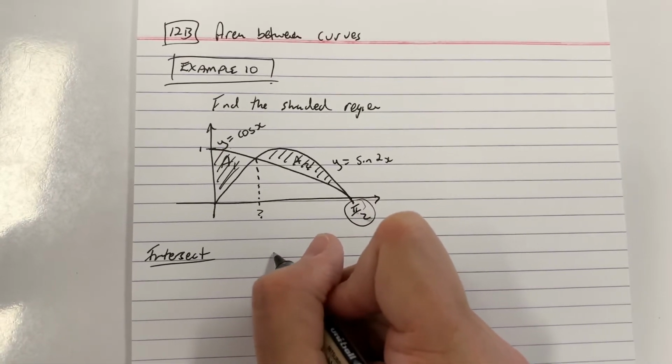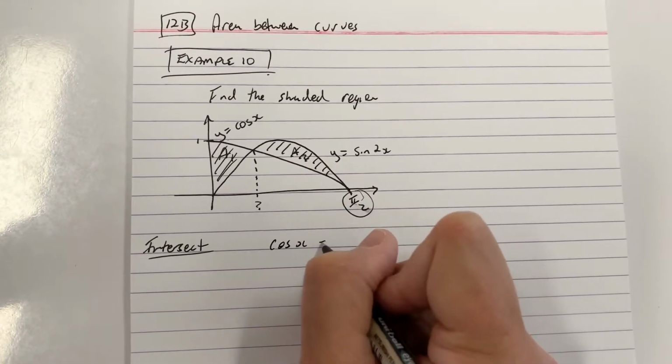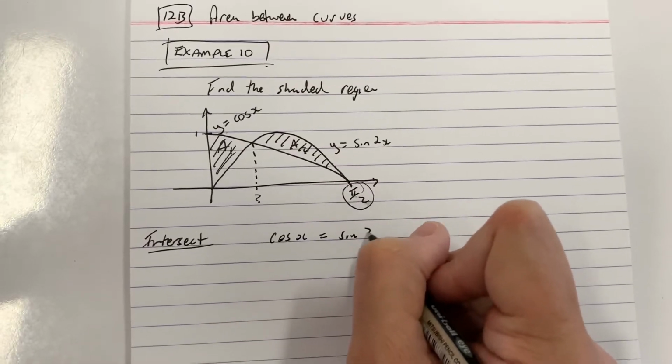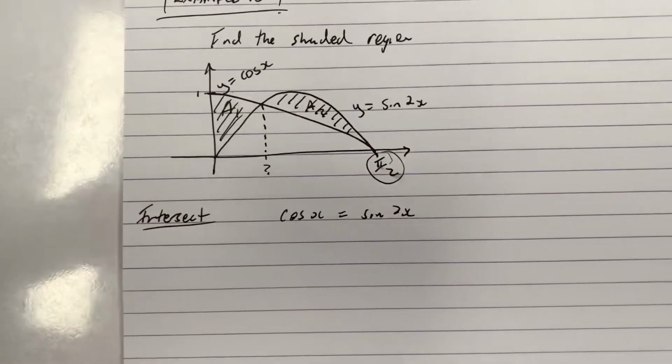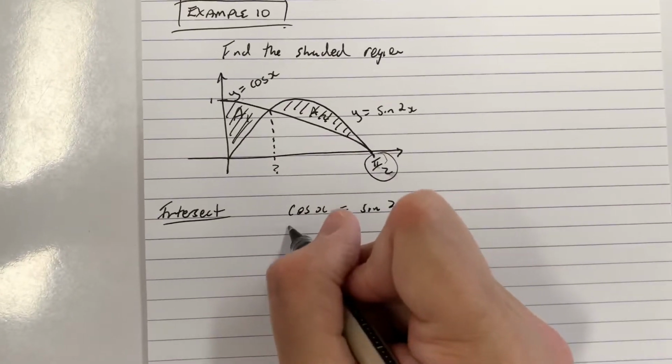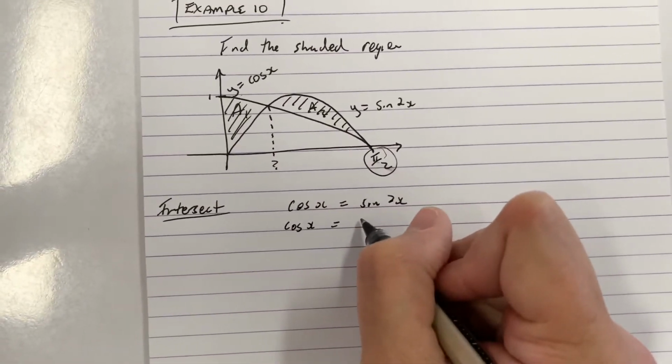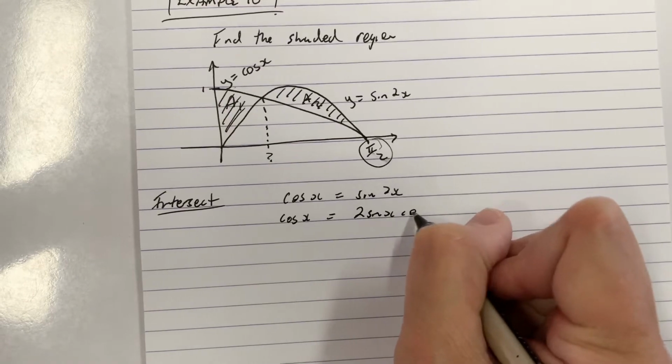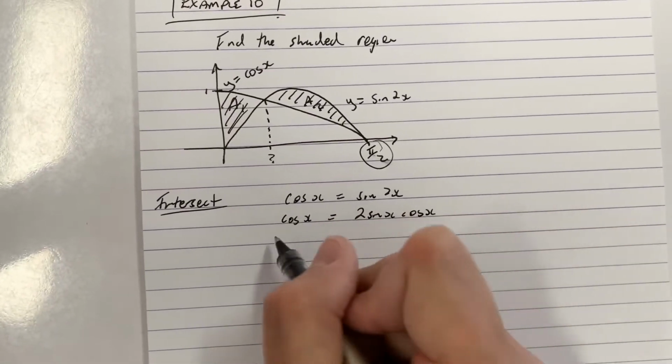Without the graphic calculator, we've got cos x equals sine 2x. So we need to use some trig. Sine 2x is 2 sine x cos x.